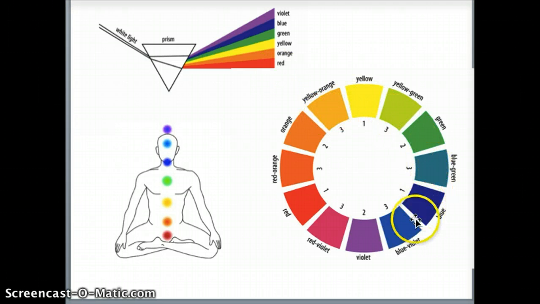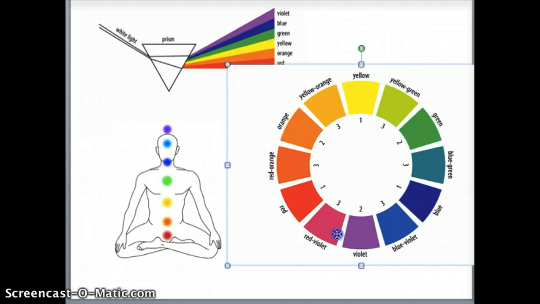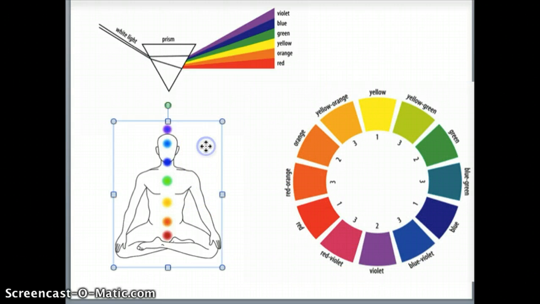When we place them in a wheel with the primary and secondary colors across from one another, we can see that there's a relationship between the different hues. Primary colors are yellow, red, blue; secondary colors are green, orange, violet; and then the tertiary colors are in between the primary and secondary colors.